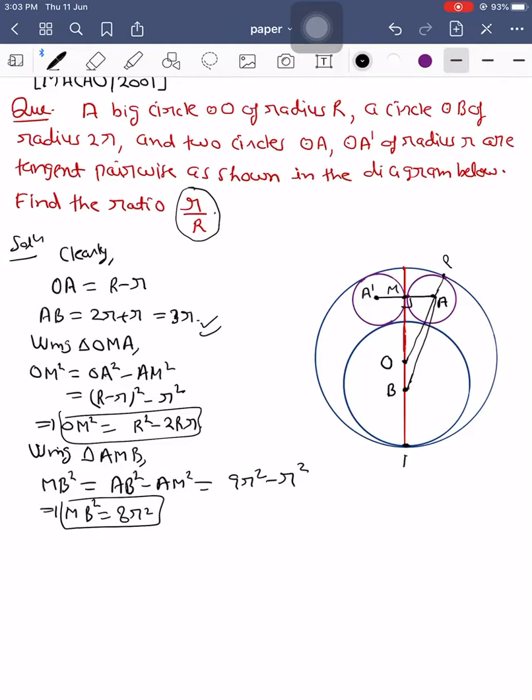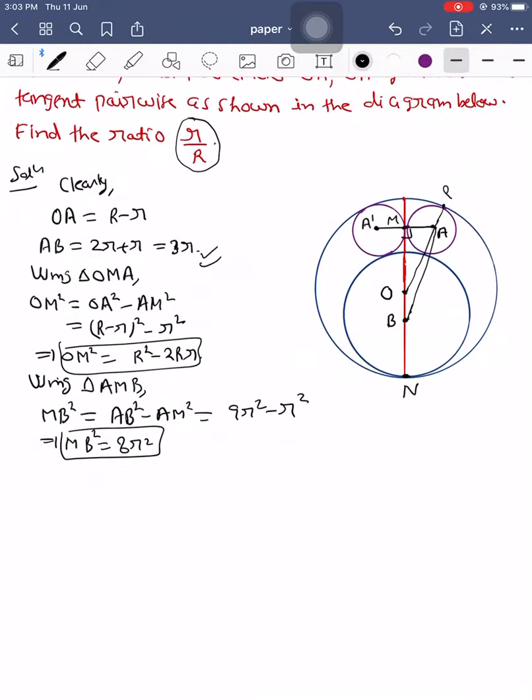Now if we consider the point of contact of the two big circles as N, we can write MN in two different ways. We can write MN as MO plus ON, and again MN equals MB plus BN, and these two statements imply MO plus ON.